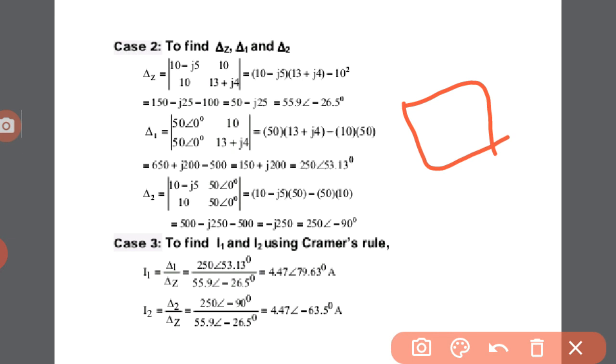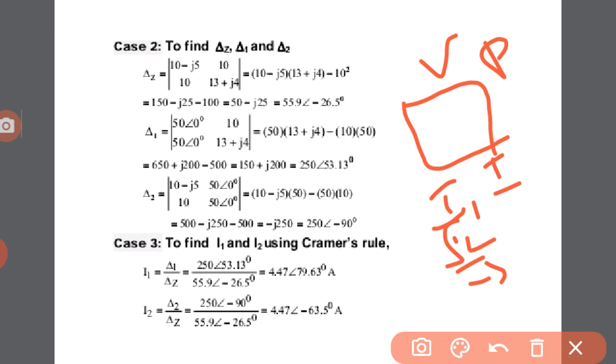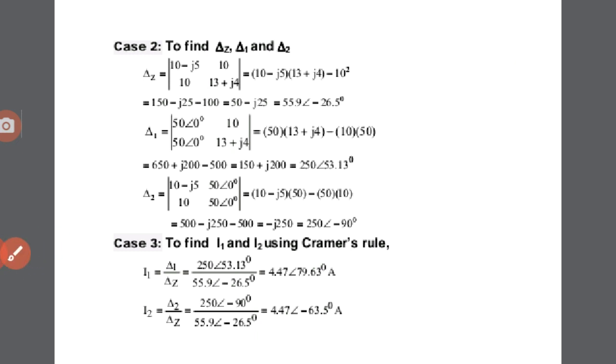Then, by applying Cramer's rule, we find the values of delta, delta 1, delta 2. Based on that, you determine the values of the currents I1, I2 and I3, or otherwise the total current I flowing through the circuit, or voltage, power and so on. So this is totally about mesh analysis.